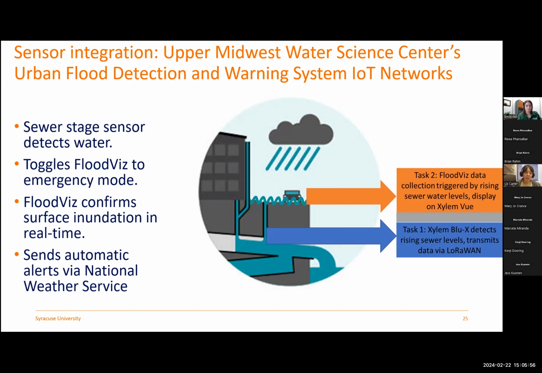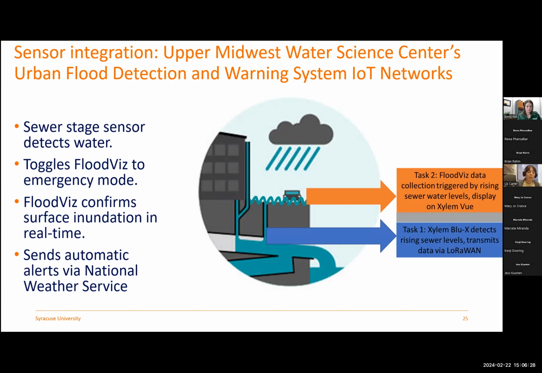The way this works is we have LoRaWAN enabled sewer stage sensors, and they detect when the pipes underground are running full of water. When that is detected, it sends a signal to the cloud via LoRaWAN that, hey, we've got water in this area. The cloud then sends a signal down to our flood sensors, which wakes them up and toggles them into something called emergency mode, where they start watching for surface inundation around the region of the storm sewer network where we detected saturation in the pipes.